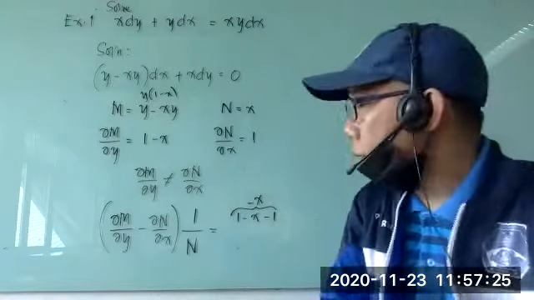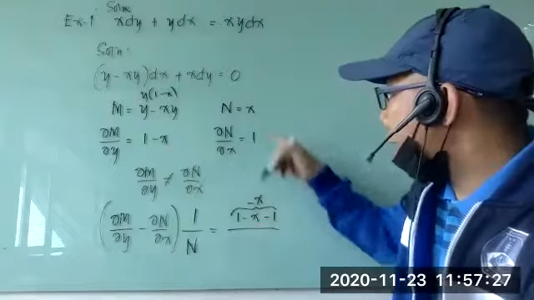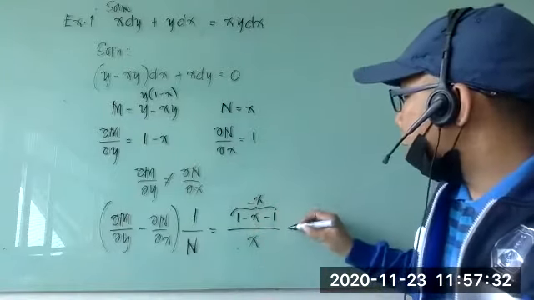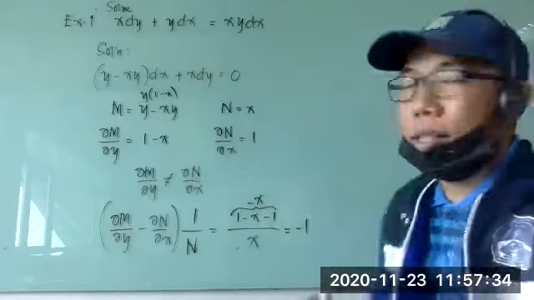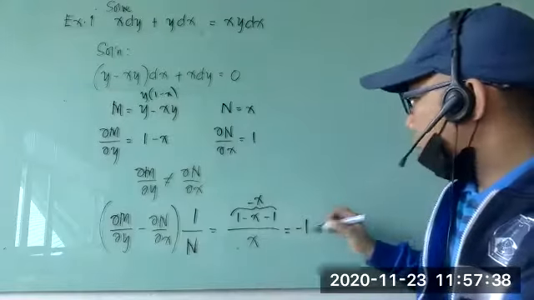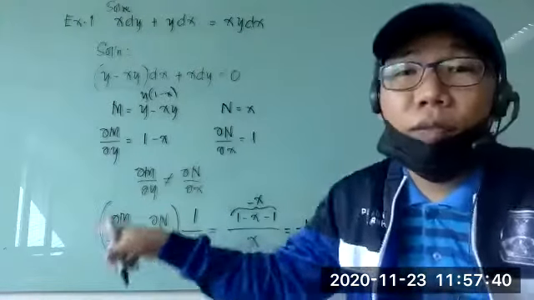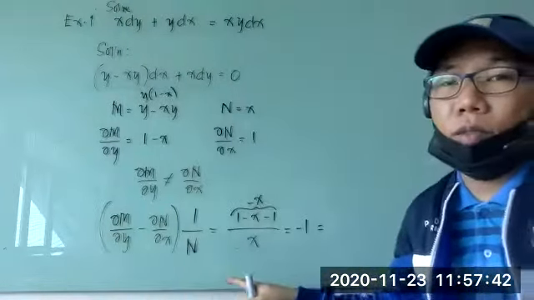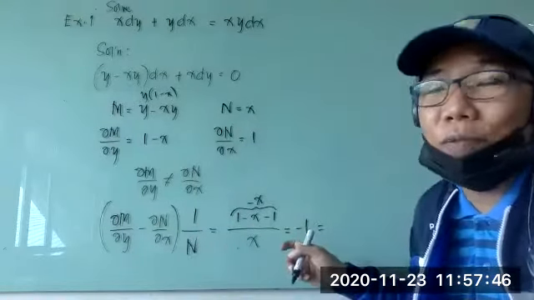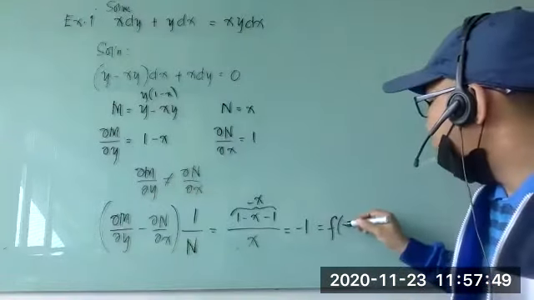Now, we divide by N, so that is x. Negative x over x is equal to negative 1, an integer. Of course, if we divide the difference by N, we are canceling y, so the result should be a pure function of x. So this becomes f of x.